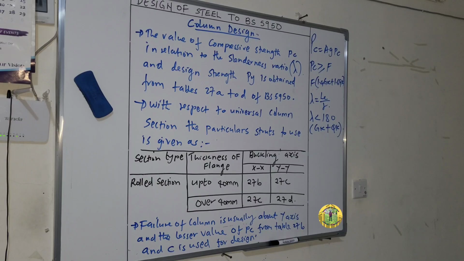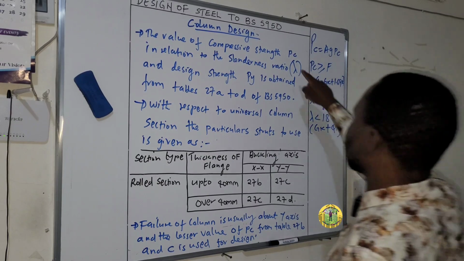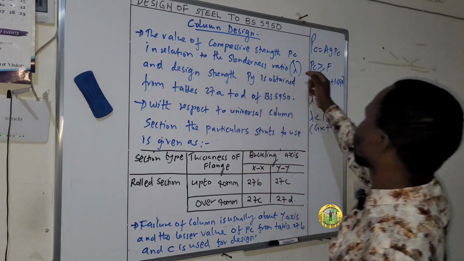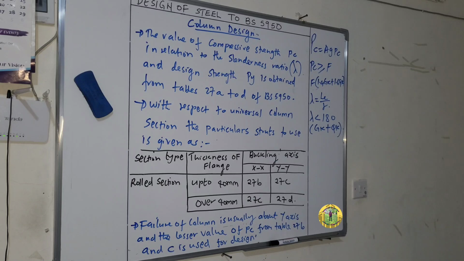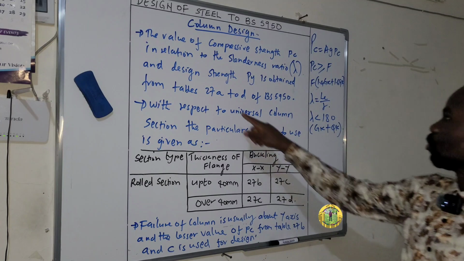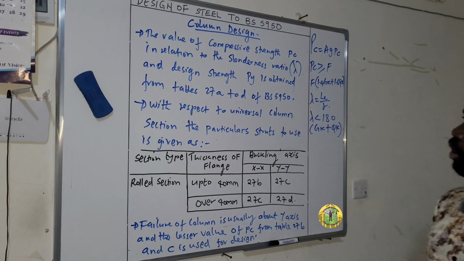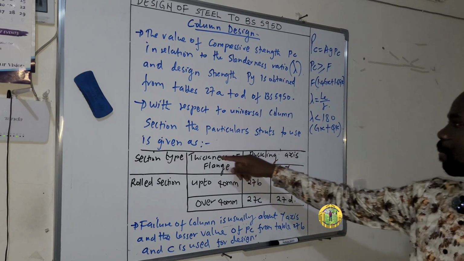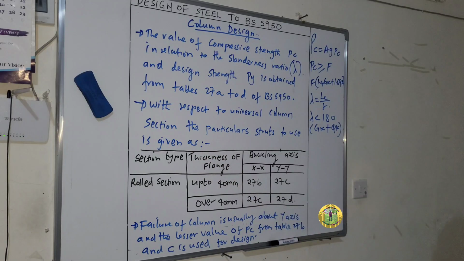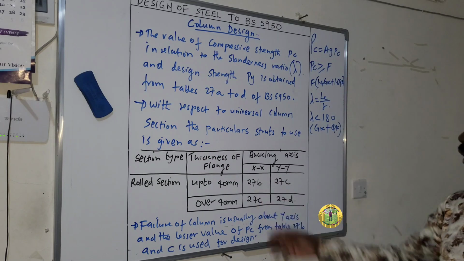The value of compressive strength, which is PC, in relation to the slenderness ratio and design strength PY, is obtained from table 27 of BS 5950. With respect to universal column section, the particular struts to use is given as, so this is the table.